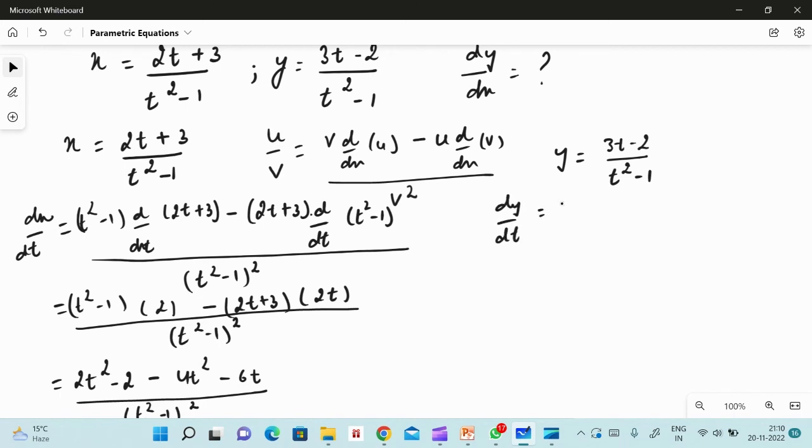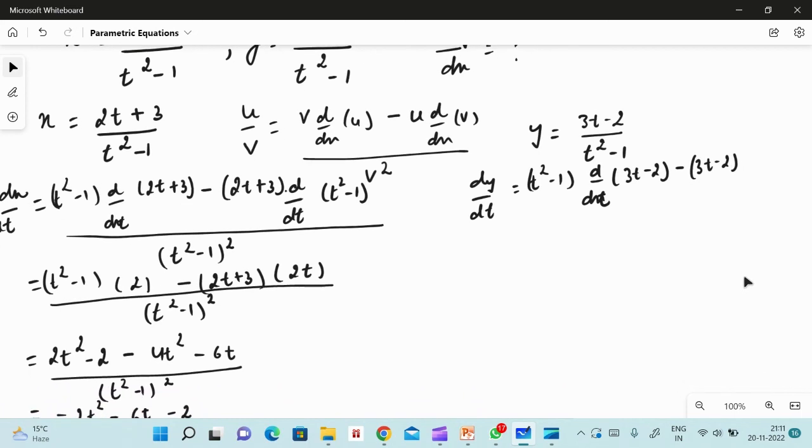So my value of derivative is t square minus 1 into derivative of 3t minus 2, minus 3t minus 2 into derivative of t square minus 1, divided by t square minus 1 whole square.